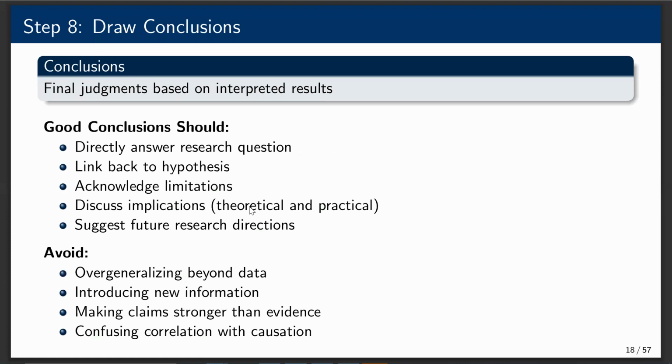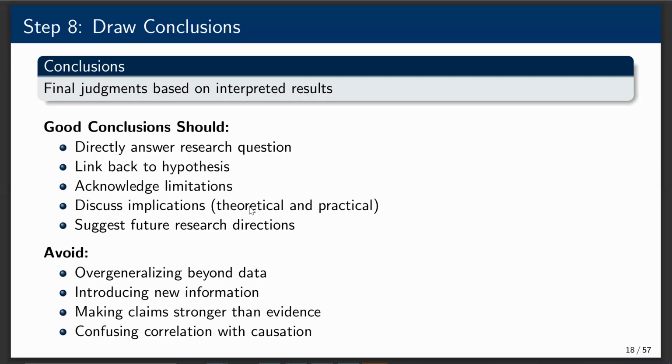So step number 8, the conclusion, is the final judgment based on the interpreted results. A good conclusion should directly answer the research question, link back to the hypothesis, acknowledge limitations, discuss implications, both theoretical and practical, and suggest future research directions.